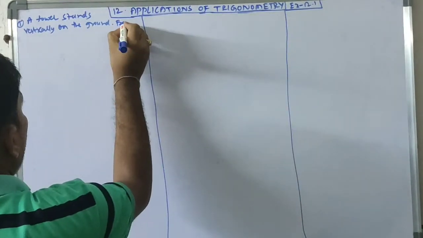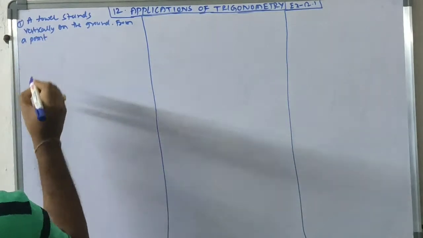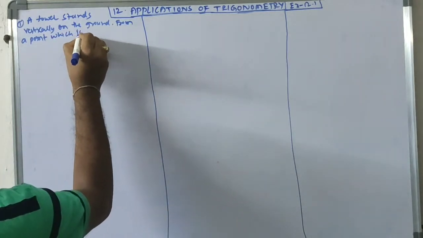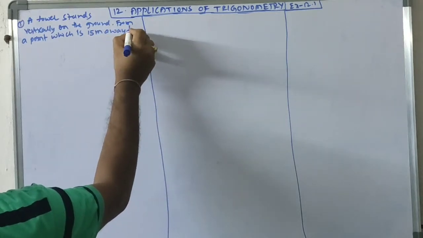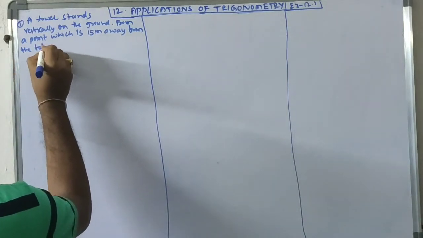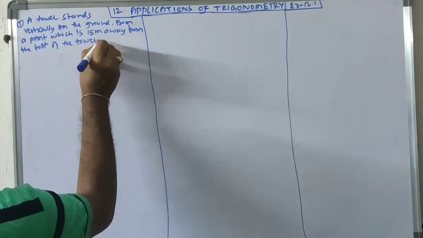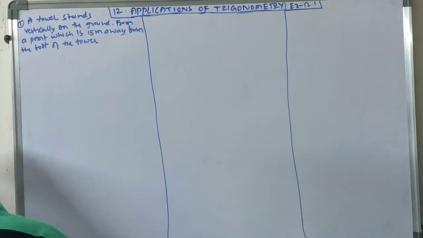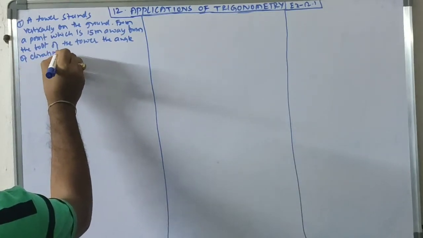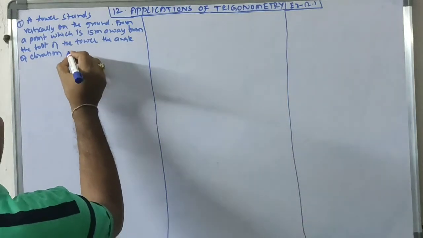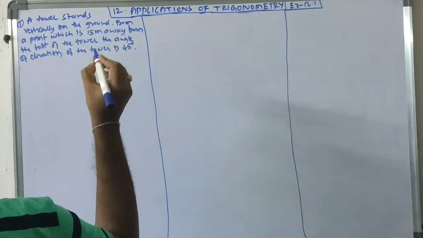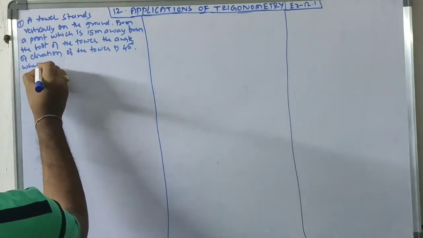From a point which is 15 meters away from the foot of the tower, the angle of elevation of the top of the tower is 45 degrees. What is the height of the tower?